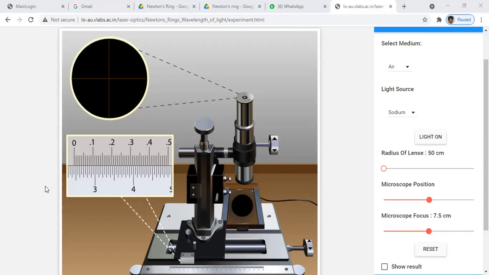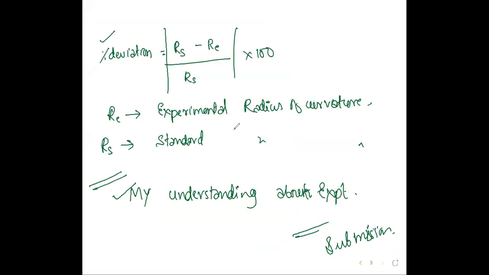How much is it? No, no, 1 divided by 20, divided by 50. 1 divided by 20 is S, right?